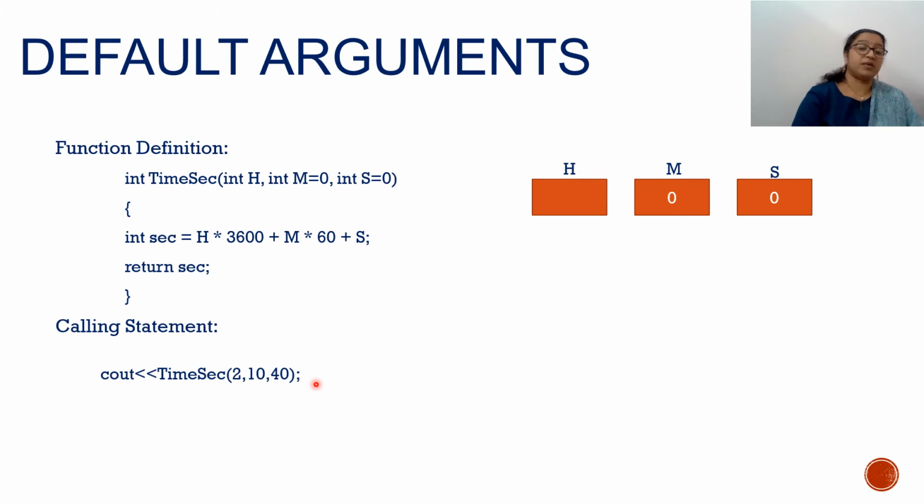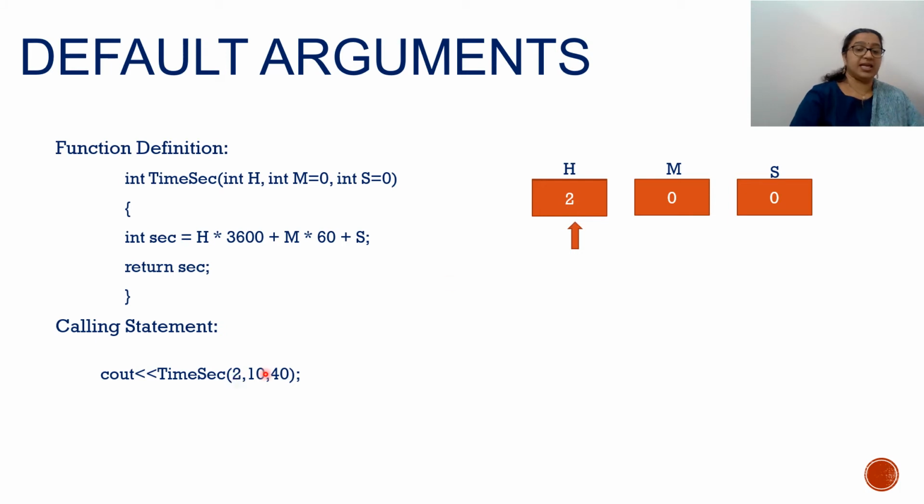Do you remember the point? At the calling time, when you are passing values to the called function, the values will be copied from left to right. So 2 will copy to H, then 10 will copy to M, then 40 will copy to S. That is the flow. First 2 copies to H. H is empty now, and we passed 2 here.